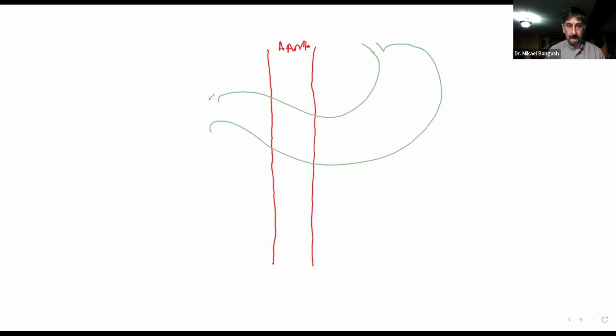This is the stomach. Now this is going to be our first two-thirds of the duodenum.